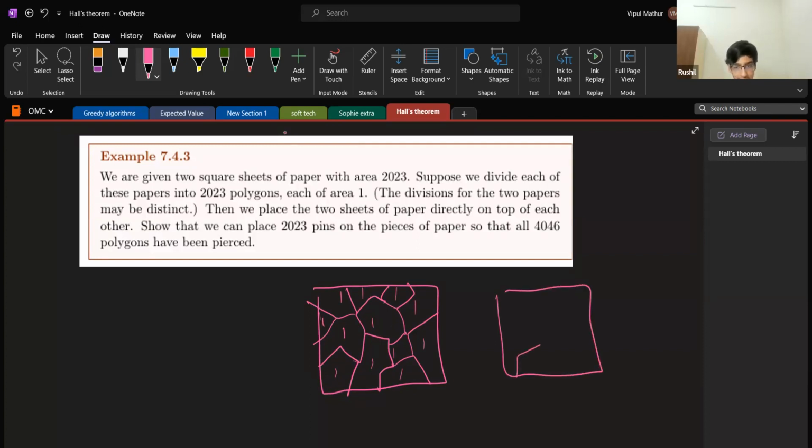And then you have another sheet where this has been done again, but in a different way. In fact, you'll see that straight lines are not very relevant. Any sort of curve also, if you make it so that all the things have area one, it still works out.